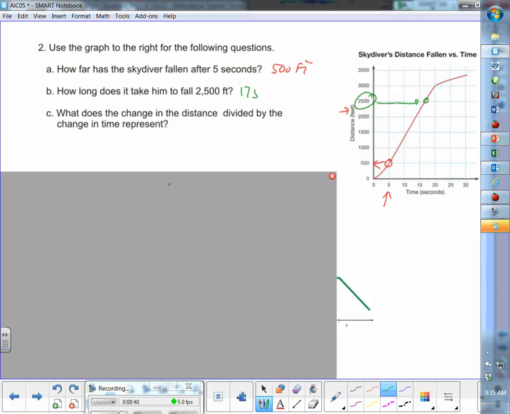What does the change in distance divided by the change in time represent? I'm going to do this one for you. The change in distance divided by the change in time.